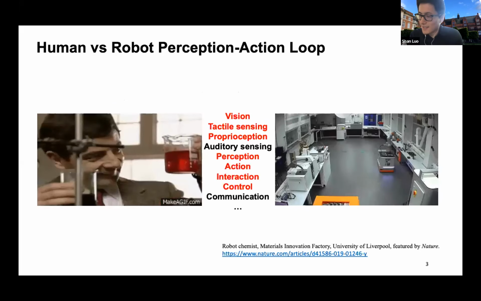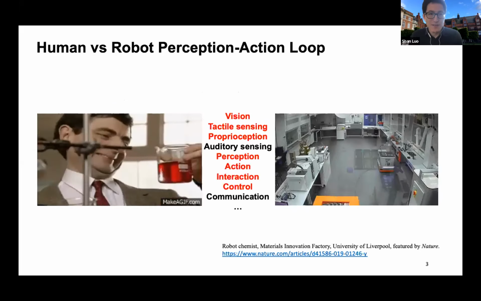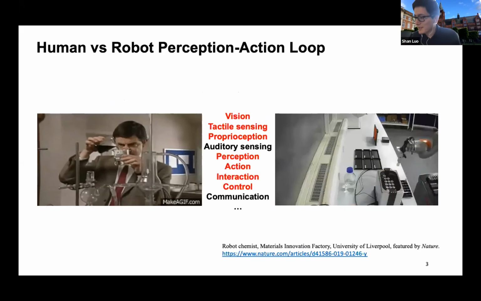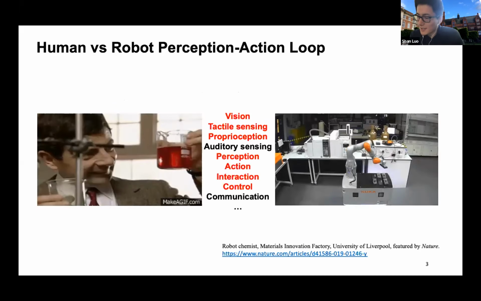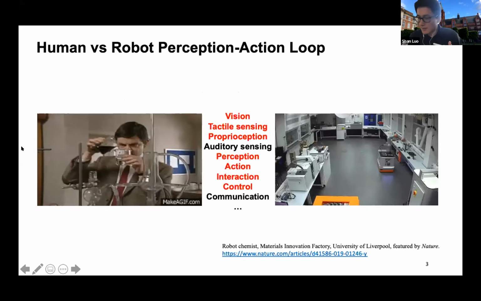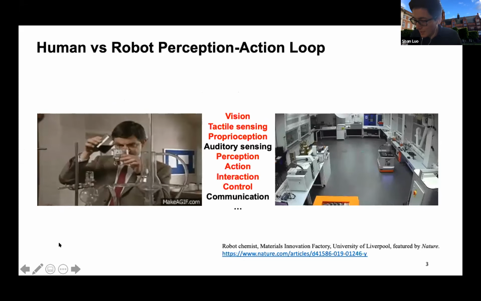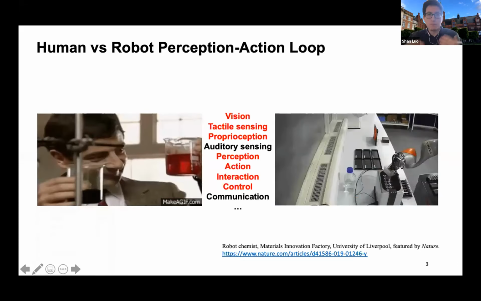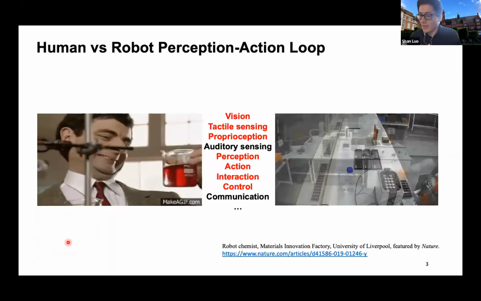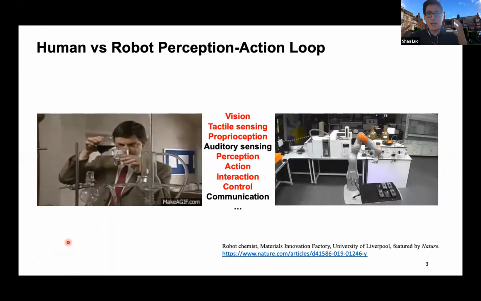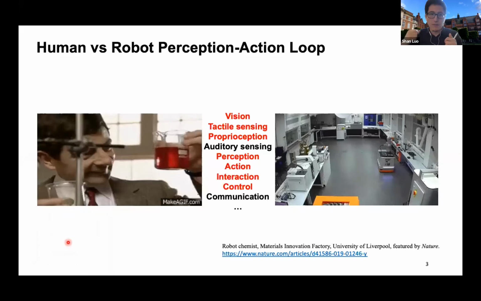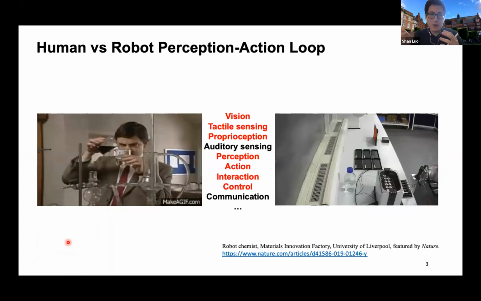So first, let's get some inspirations from us, from humans. On the left, you can see if you are in the chemistry lab, what we do to do a chemistry experiment, we use our hands and our eyes to coordinate our motions.